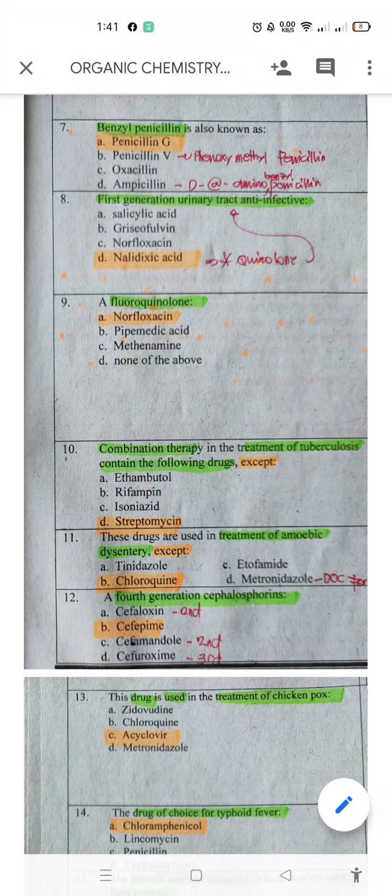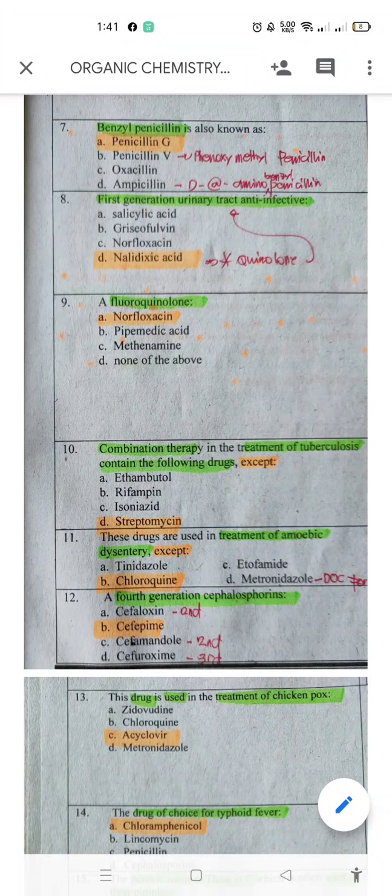So, your tinidazole, etofamide, and metronidazole are used in the treatment of amoebic dysentery. And the drug of choice for amoebic dysentery is your metronidazole.